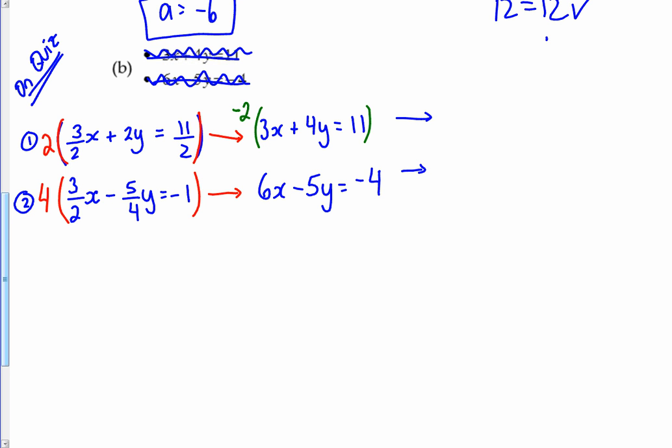Okay, so I get -2 times 3x is -6x. -2 times 4y is minus 8y equals -22. Okay, and this equation stayed the same. So their signs are different. So in order to get 0, we are going to add.